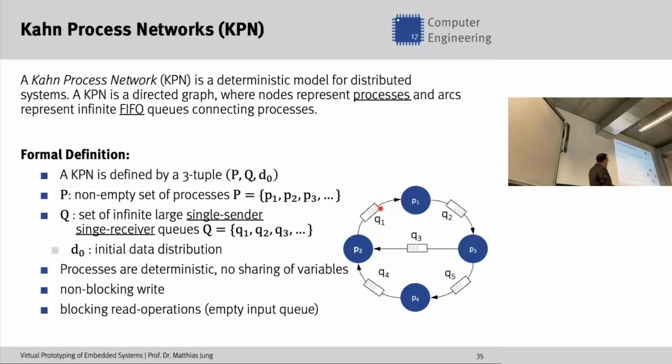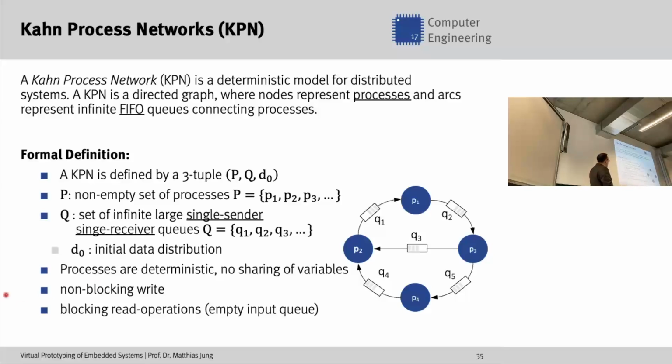That also means that the write to such a queue is non-blocking, because if we have infinite space in such a queue, we can always write something into it. So it's not blocked. Whereas if the queue has some finite number of entries, maybe 5 or whatever, and then you try to write the 6th element into that queue, it would not work. So the queue would block you. Yeah?